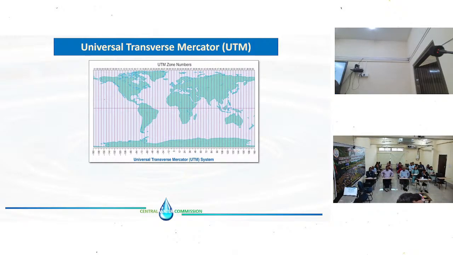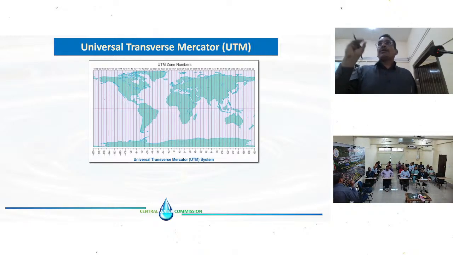So if you see India, it is lying within these zones, like northeast, I think it is 46 north, Assam part, 45, 44, 43. India starts from around 42 north to around 46 north.